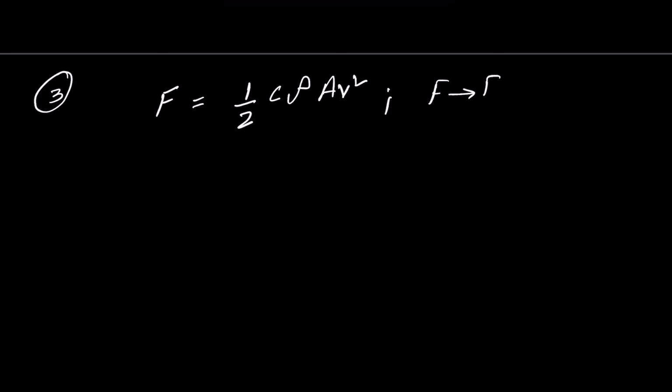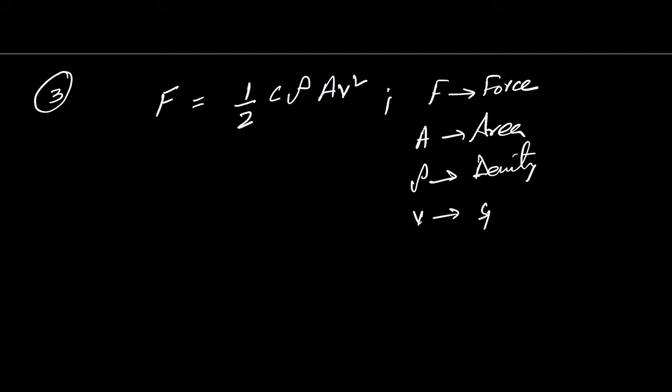F is force, a is area, rho is the density, v is the speed. What we have to do, we have to show that C does not have any unit.